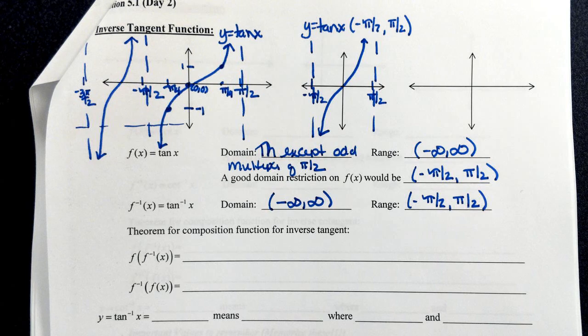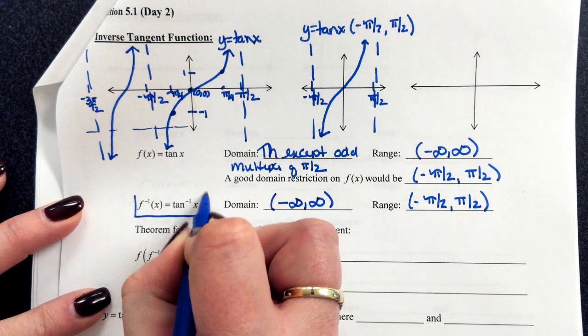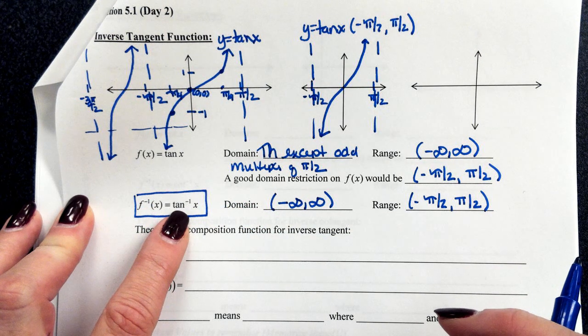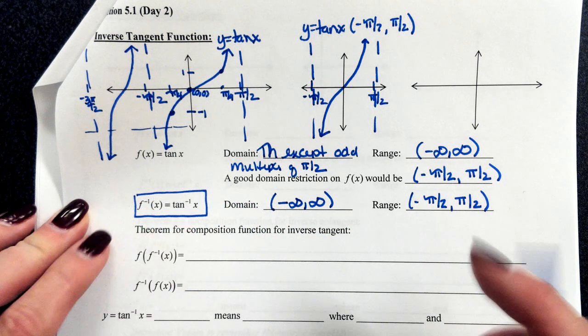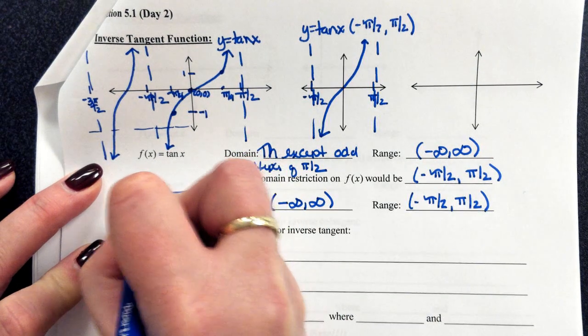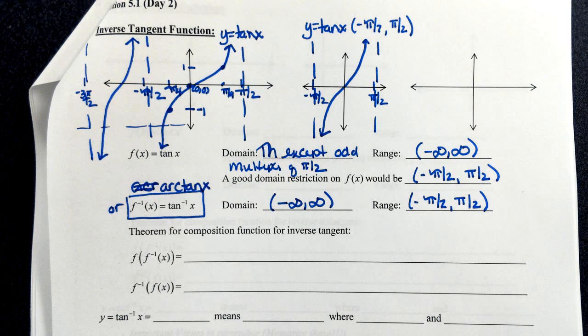And just like somebody brought up a few minutes ago, the notation we see for inverses has this negative 1 exponent. That's how you can recognize you're dealing with the inverse. Or you may also see this arctan. It's just a different notation. It means inverse.